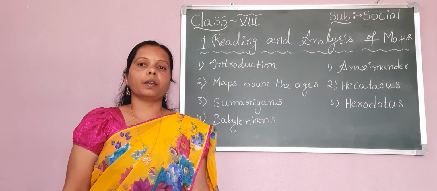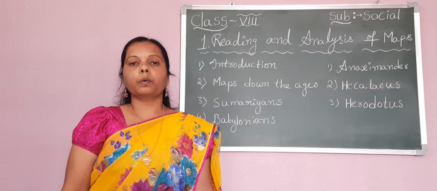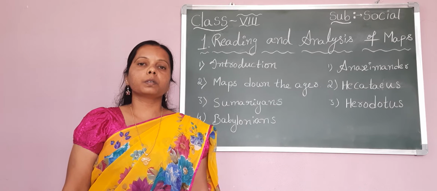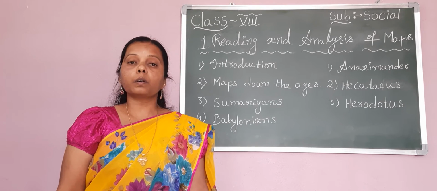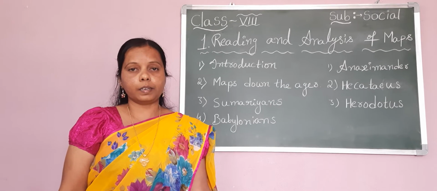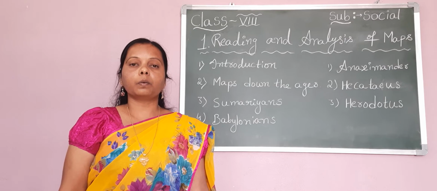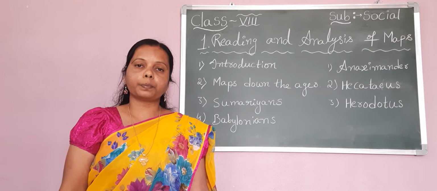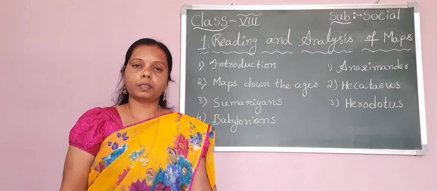Sumerian temples owned a large tract of land, and they had to know the accounts of the income from these lands, so they kept records of these lands with the help of maps. This is about the Sumerians.